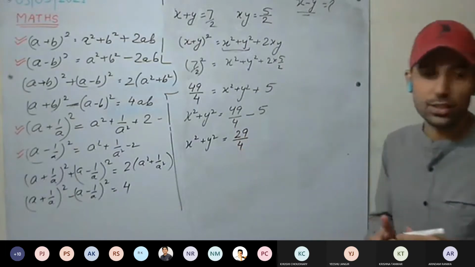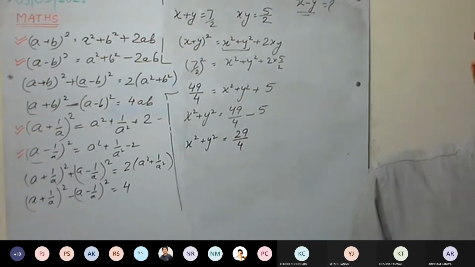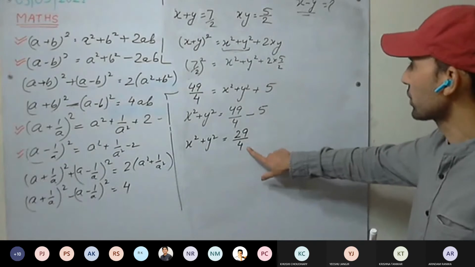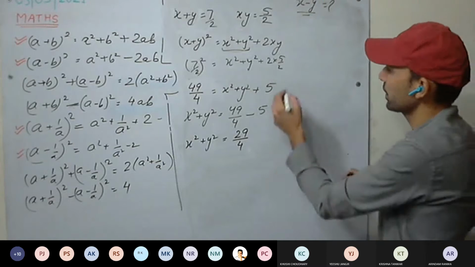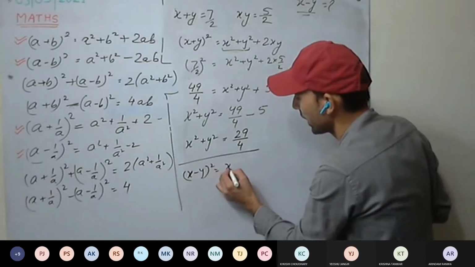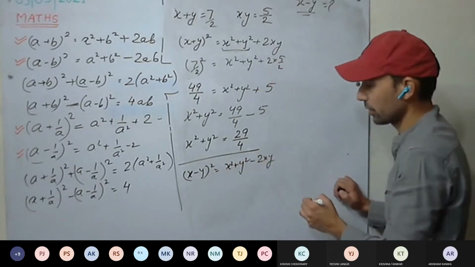Are we getting this one? Check it once. Whether am I correct? Have we got this one? Okay. Now its expansion we will do. X minus y the whole square, x square plus y square minus 2xy. Okay.